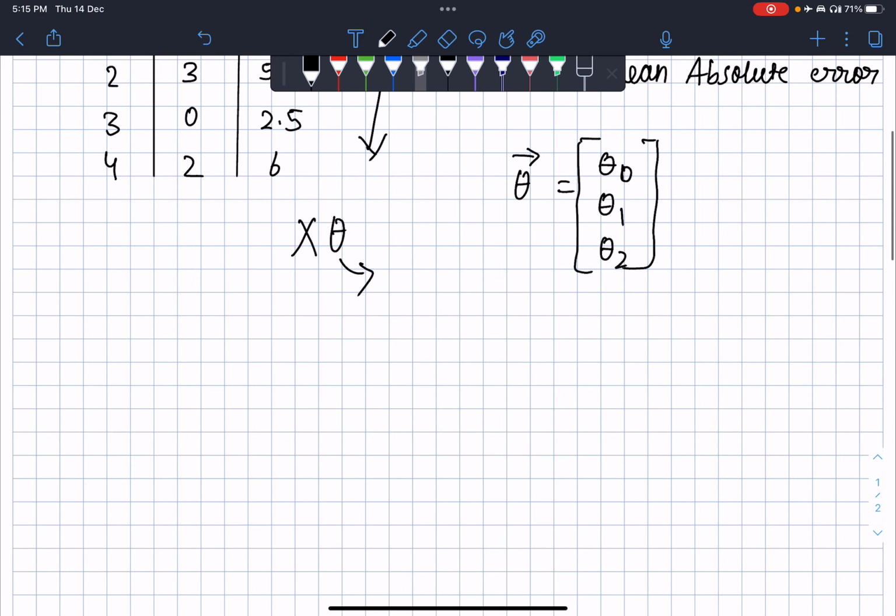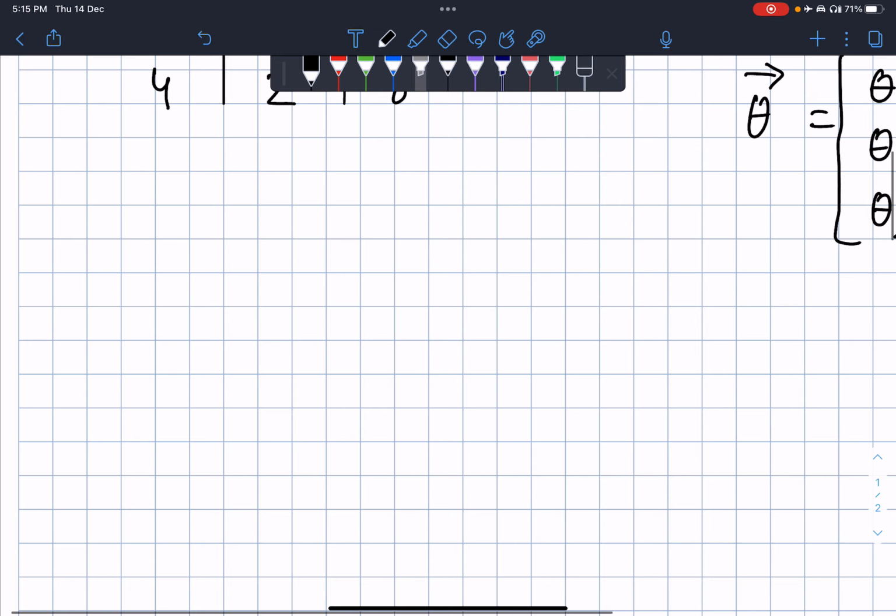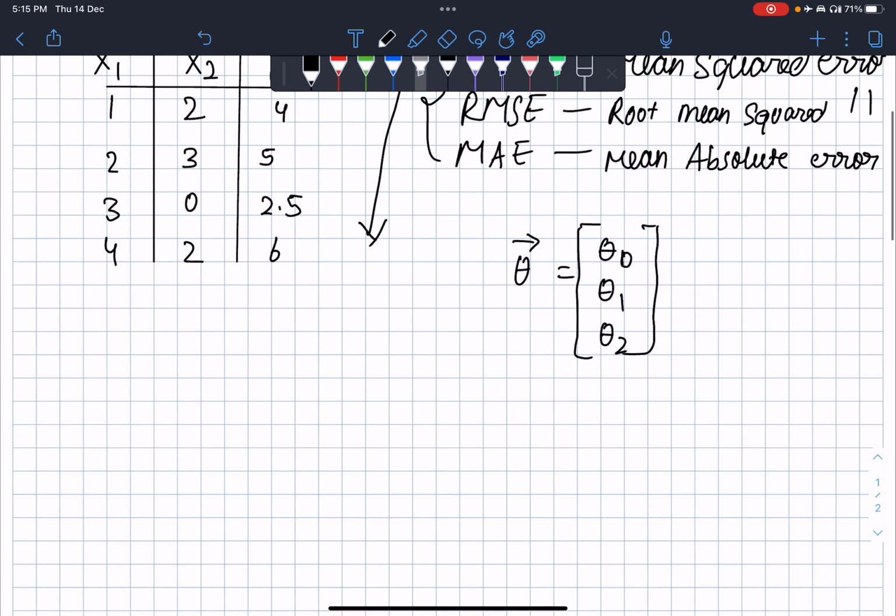Now we need to arrange the data in matrix form.